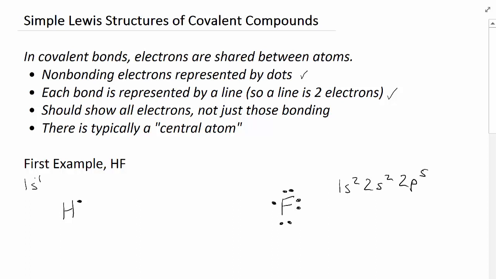What would be great is if hydrogen could fill up its outer shell and have a 1s2, and if fluorine could fill up its outer shell and have a 1s2, 2s2, 2p6. Then they would both look like a noble gas: hydrogen would look like helium, and fluorine would look like neon. So we can imagine these guys getting together, and instead of transferring electrons, just for fun, I'm going to make the hydrogen electron a little X instead of a dot.